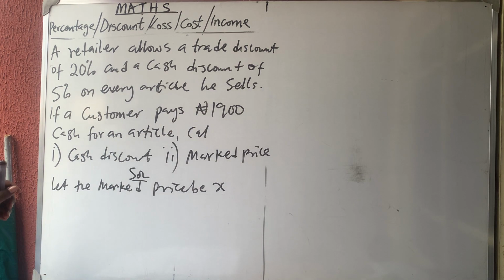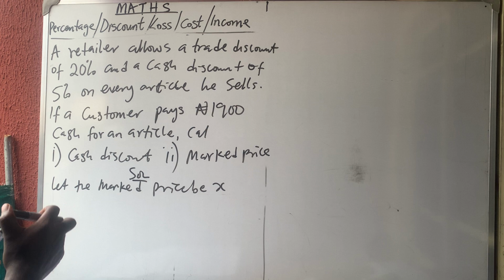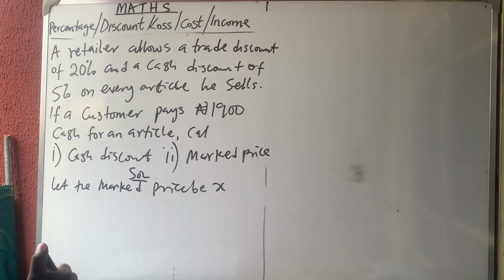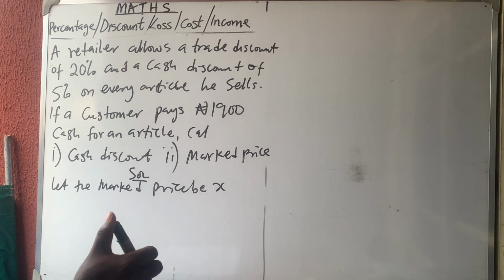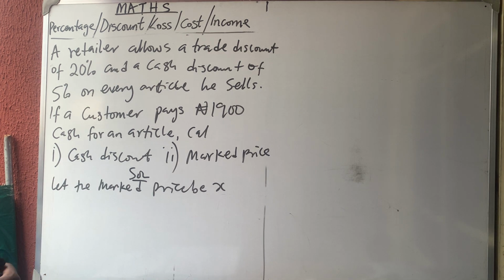A trader allows a trade discount of 20 and the cash of 5%. So the total discount this man had is 25%, because normally the man allows 20% for buying his goods, then extra 5% for paying cash.